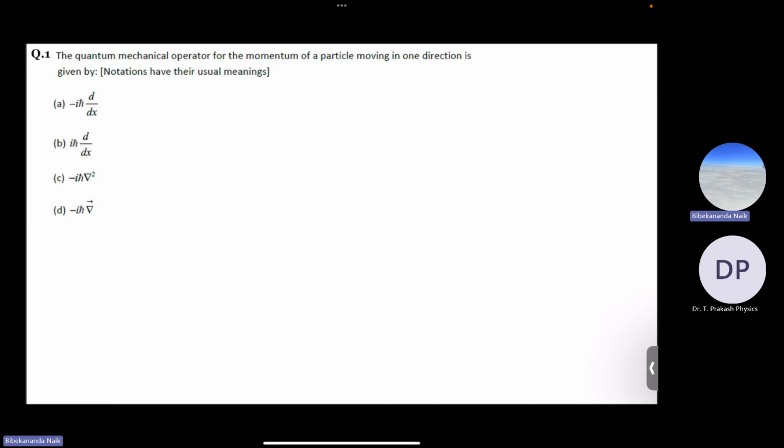And option D is minus i h cross del. We need to choose the correct option which represents the quantum mechanical operator for the momentum of the particle moving in one direction. I'll give you some time to try and solve it, then we will discuss.